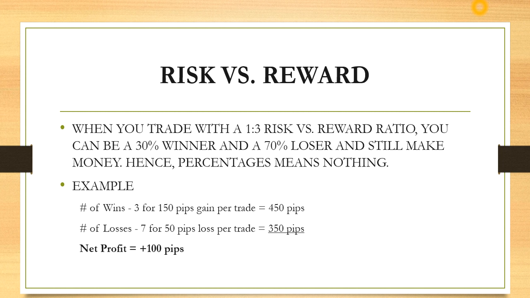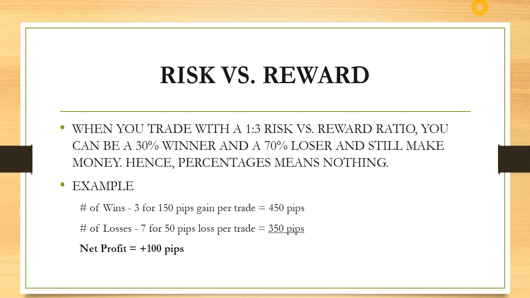So 3 wins, 150 pips each, you'd have made 450 pips. 7 losses at 50 pips each is 350 pips. You'll be net profit of 100 pips.